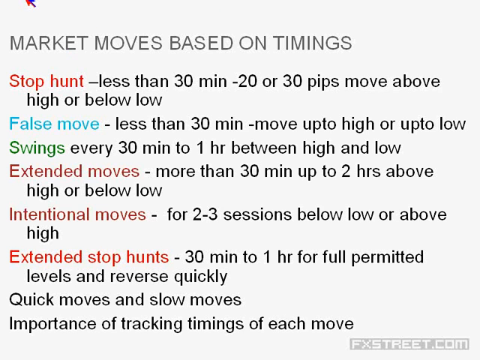They swing around that 1.2900 to 1.2950 area, and that is how they hold it. The next day they may drop it. Whereas in the case of an extended stop, from 1.28 they go all the way to 1.2950 and come back to 1.28 in a matter of 30 minutes to 1 hour.